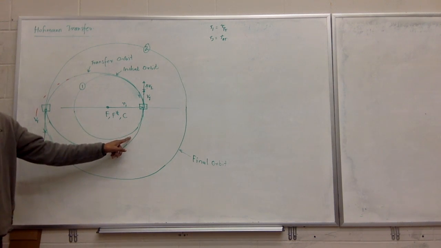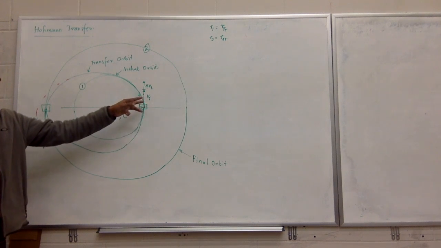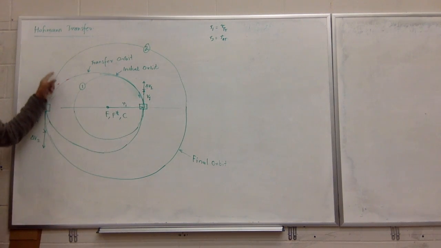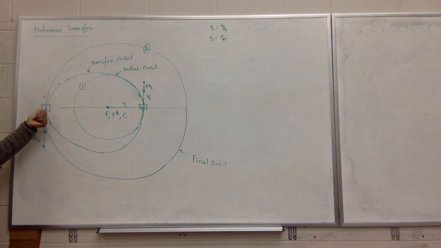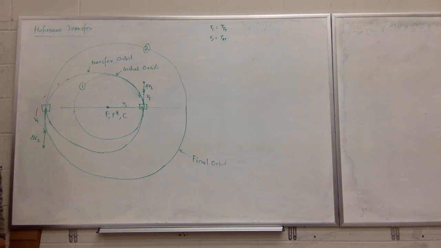Which is that point? The perigee. This is the perigee for both of them, right? Between these two orbits, this is the apogee for the transfer orbit, but this could be the perigee for the final orbit. Does that make sense? Because this is still the closest point.